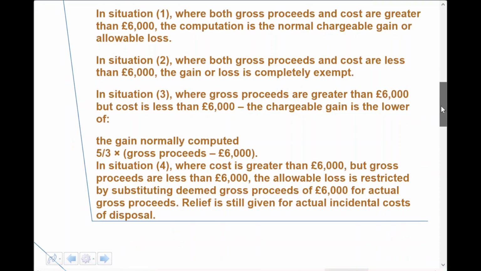Well, let's look down. Situation 4, cost greater than 6, proceeds less than 6. The allowable loss is restricted by substituting deemed gross proceeds of 6,000 for the actual gross proceeds. Yeah, relief still given for the actual incidental cost of disposal. So you'd be thinking, what do you mean?